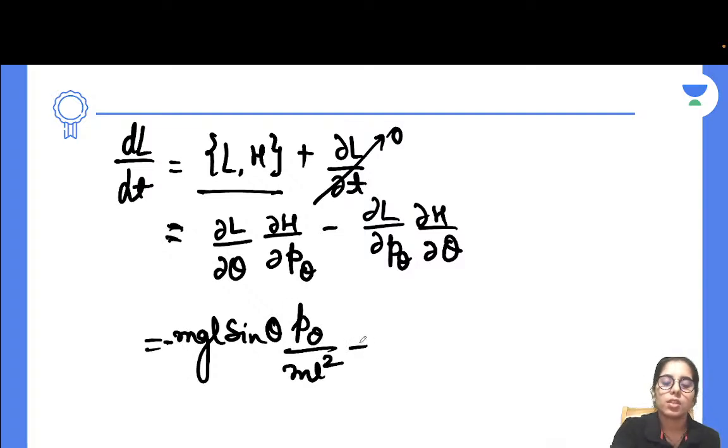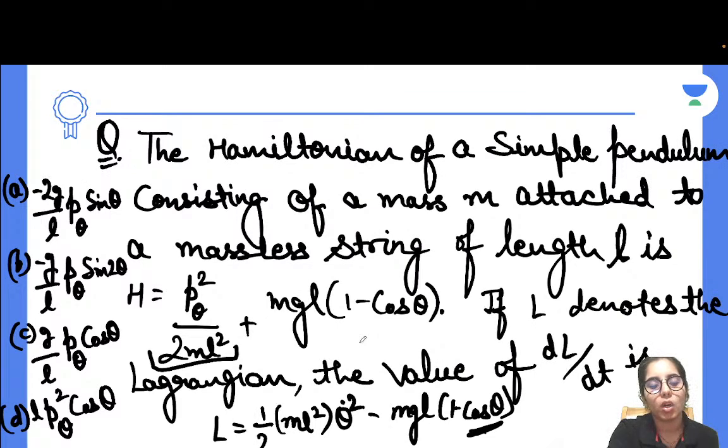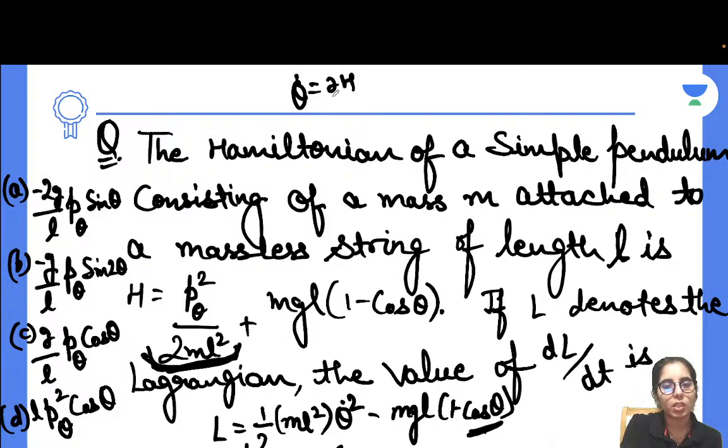Next, minus delta L over delta p theta will give you what? Even if you write the kinetic energy in terms of theta dot, but if you write it in terms of p theta, you will have this only. Or just to verify, you can do one thing. You know that Hamilton's equation of motion says theta dot is equal to delta H over delta p theta. So from here you can get the theta dot and p theta relation.